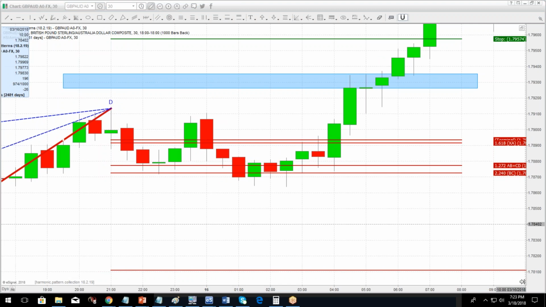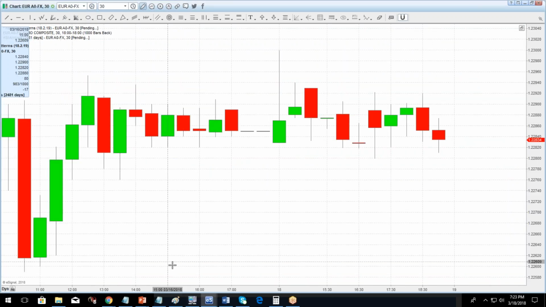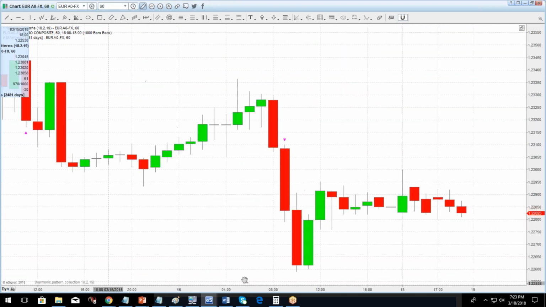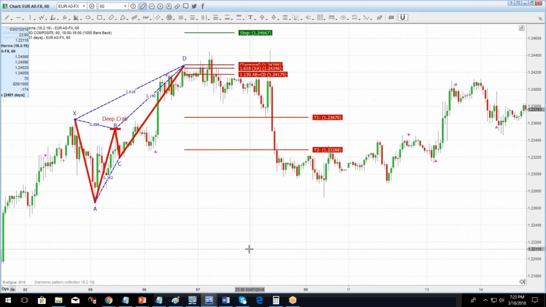A quick question about the profit targets. Definitely. Let's go back to that euro example. This is some of the finer points of what I've introduced with harmonic patterns and why we look at harmonic patterns: the first test of a harmonic pattern is a reaction. I introduced this in my Harmonic Trading Volume 1 book back in 2004, a long time ago.